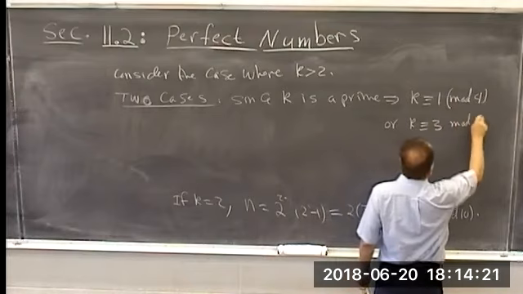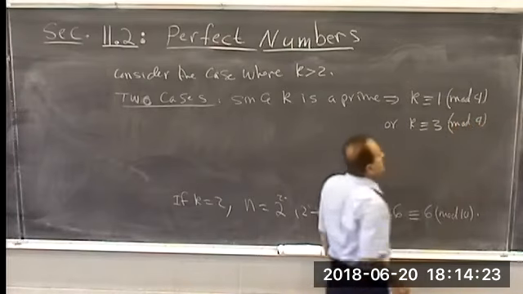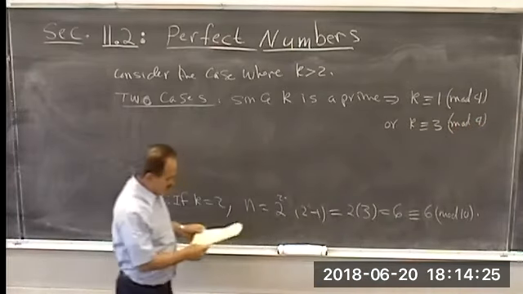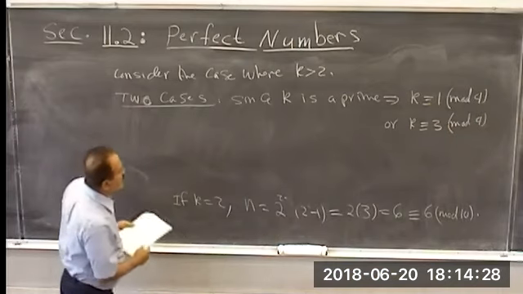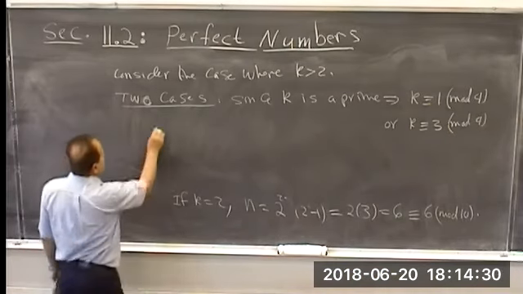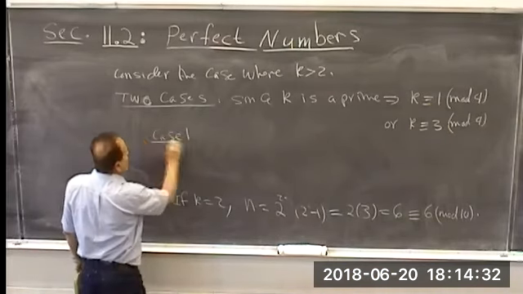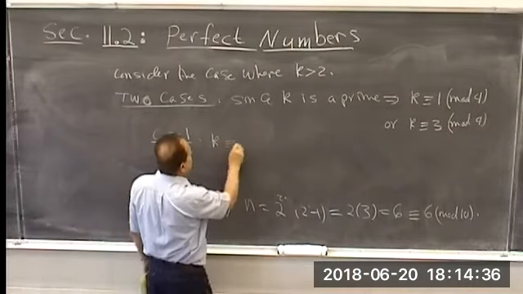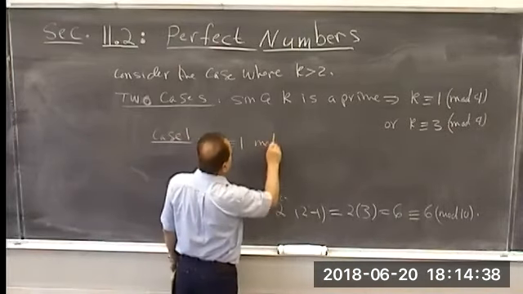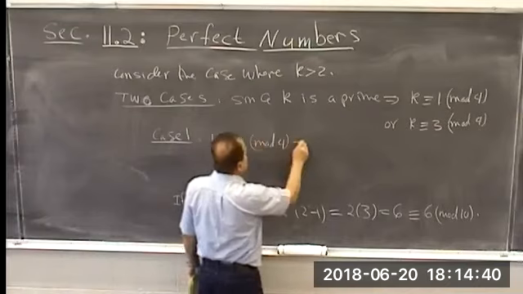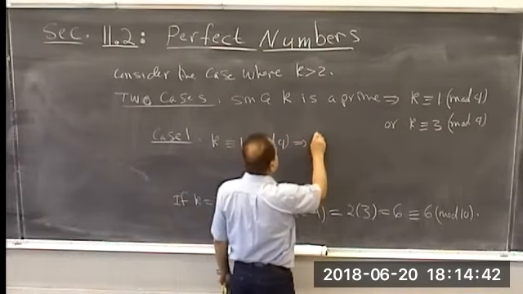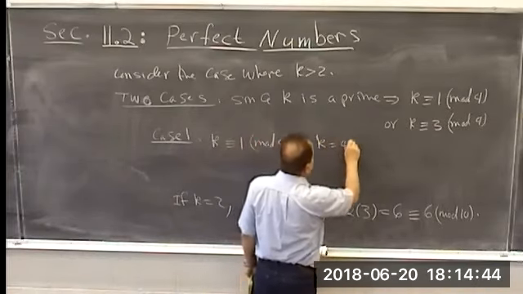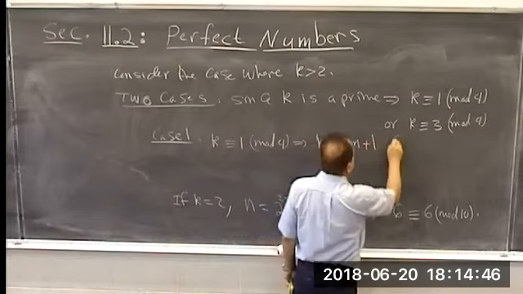These are the only forms a prime can have. So let's consider case 1, where k is congruent to 1 mod 4, which makes k equal to 4m plus 1 for some m.